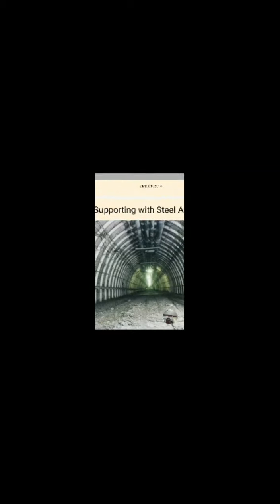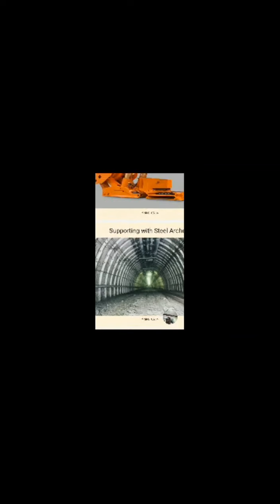Now you are seeing the support with steel arcs. These are railway rails formed like an arc around the periphery of the roadway.